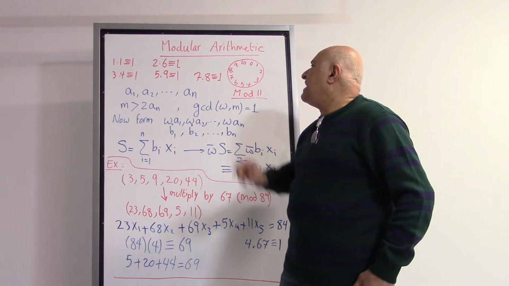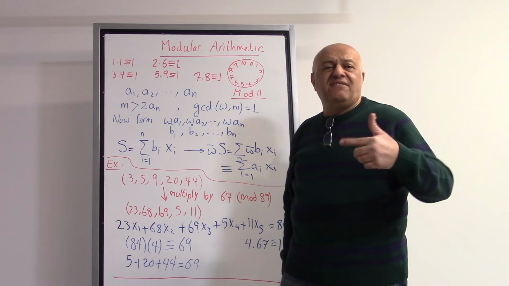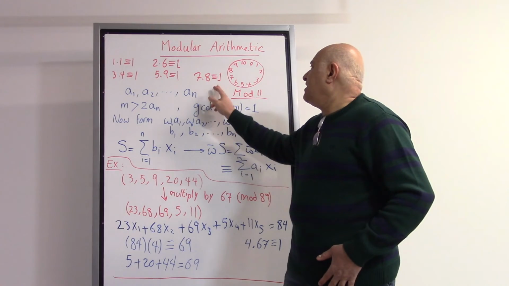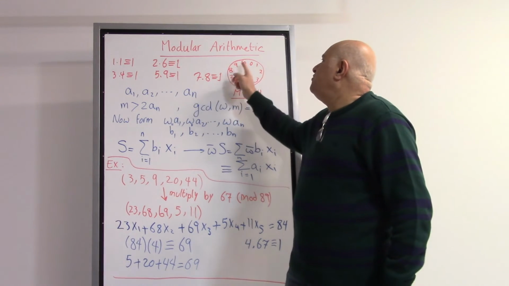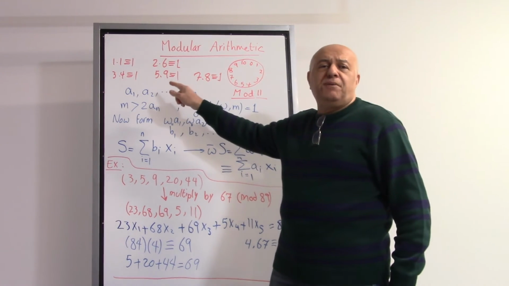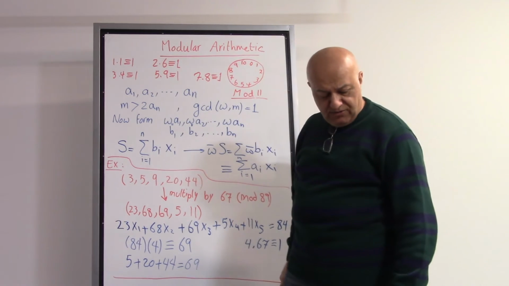And 7 times 8, which is 56, minus 55, you get 1. So, as you see, every number from 1 to 10 in here has a multiplicative inverse. That means a number that when you multiply by that, the result is what?